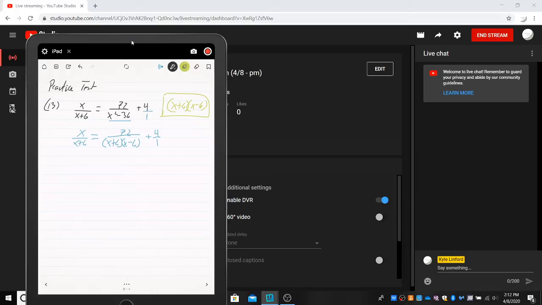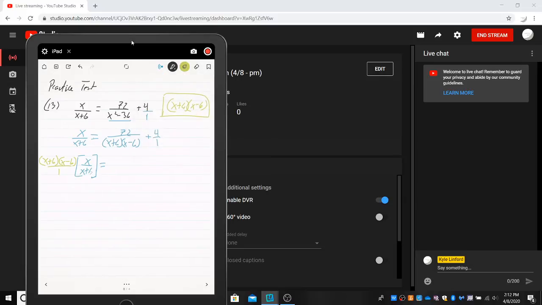So let me try to write it rather small here, but I'm going to show how I'm going to take this common denominator, x plus 6, x minus 6, and I'm going to multiply it to each one of these terms. That is essentially the idea here of clearing the fraction. You multiply it to each of the terms.